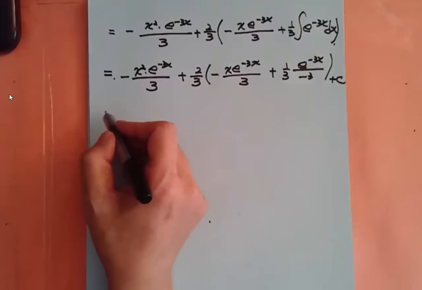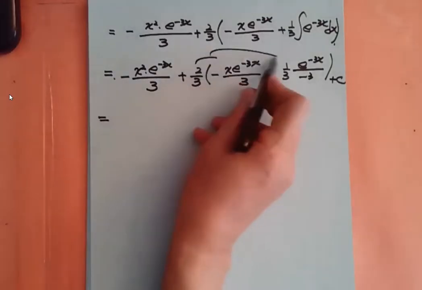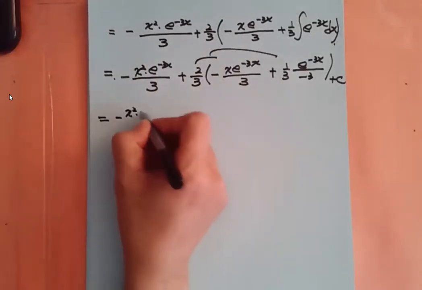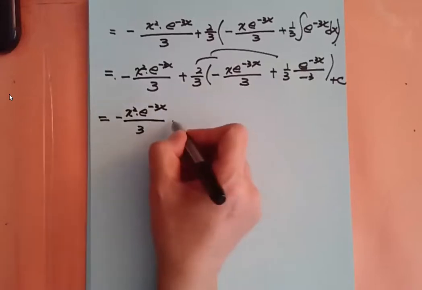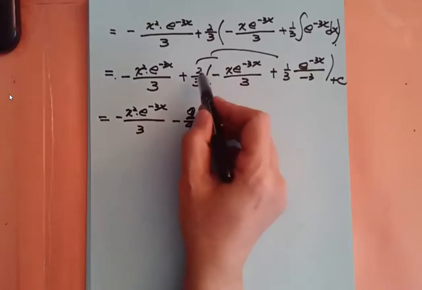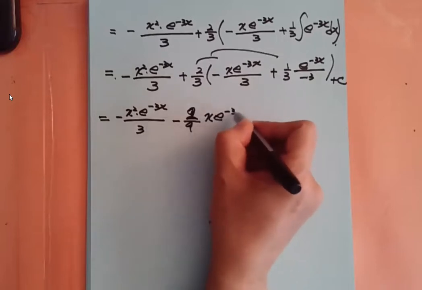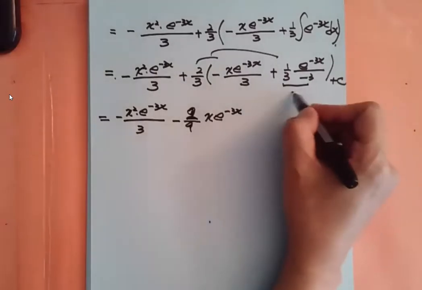So what can you do about this? So we have to expand this out. Then we get minus x squared times e to the minus 3x over 3, minus 2 over 9 x times e to the minus 3x, and this one times this one will make minus 9.